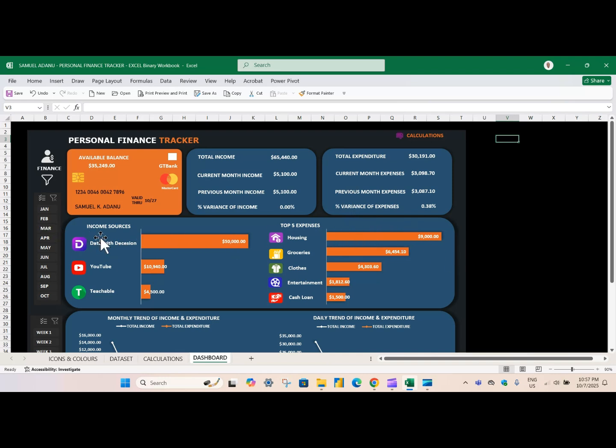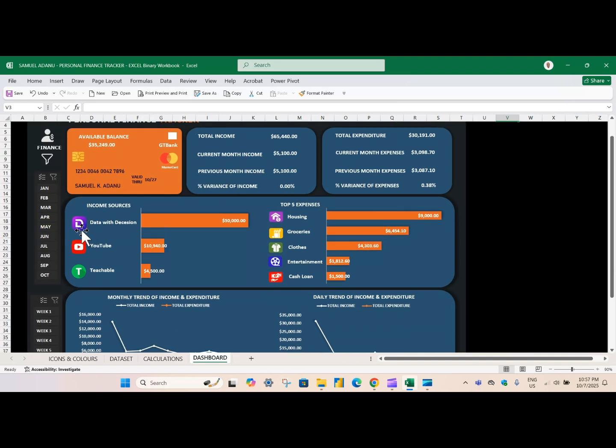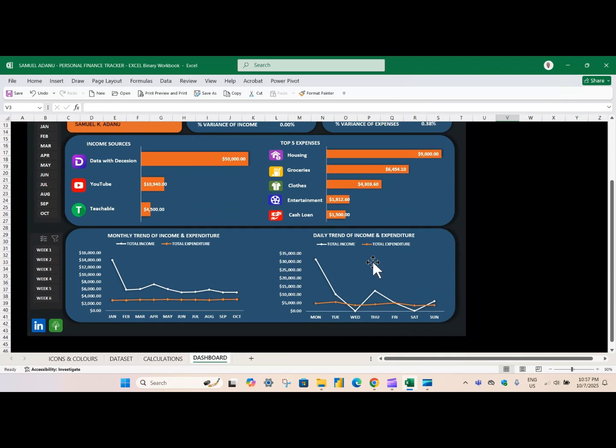Alright, so the main chart here is our clustered bar chart for income sources and then the top 5 expenses. The main income sources for Samuel are coming from Data with Decisions, YouTube, and Teachable, whilst the top 5 expenditure items are housing, groceries, clothes, entertainment, and cash loan.